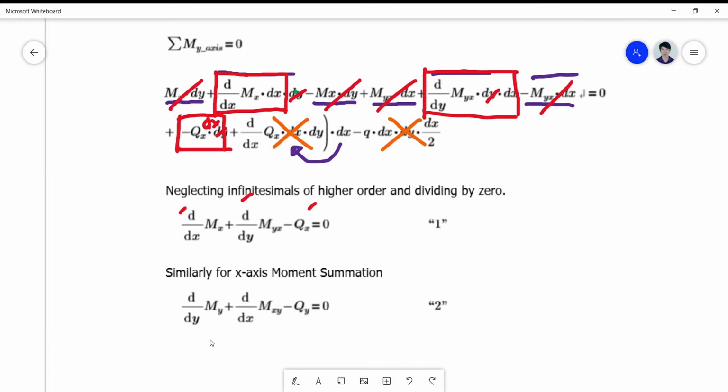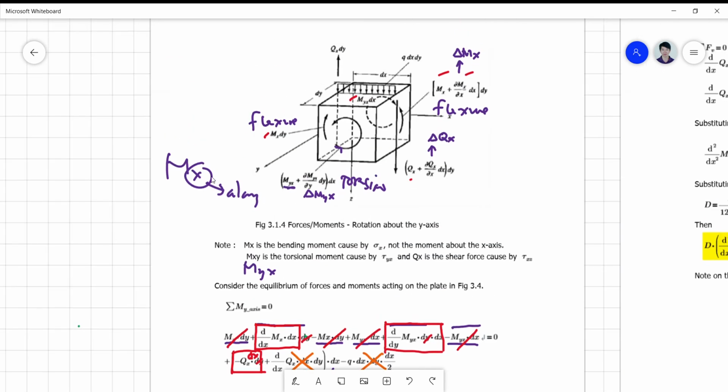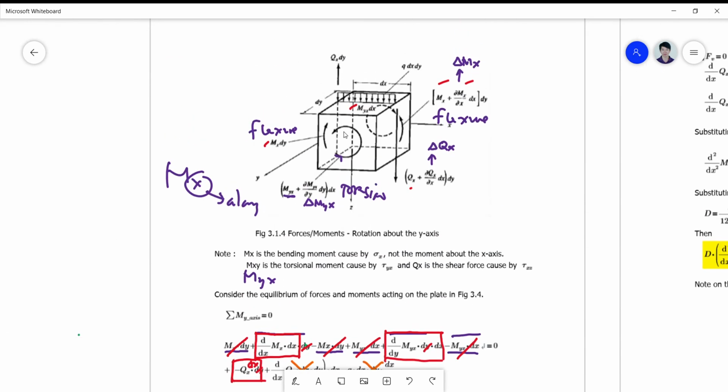And similarly, considering the other side or the other summation series, which is summation of moments about the x equals 0, of course, the orientation and the description of the variables concerned will just interchange.